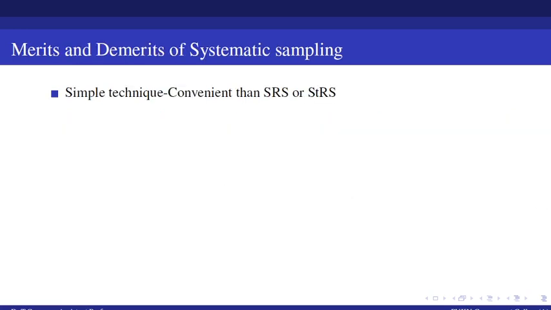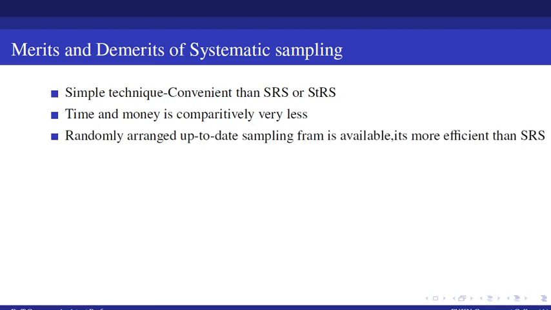Let us look at the merits and demerits of the systematic random sampling technique. Here, systematic sampling is a very simple technique. Operationally, it is more convenient than simple random sampling or stratified random sampling technique. Time and money required for selecting a systematic sample is comparatively much less.